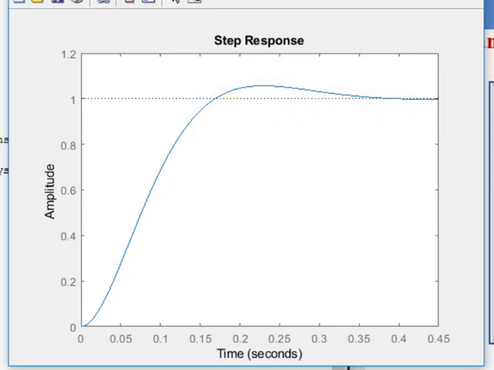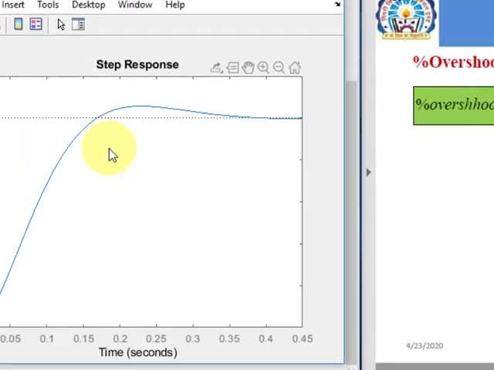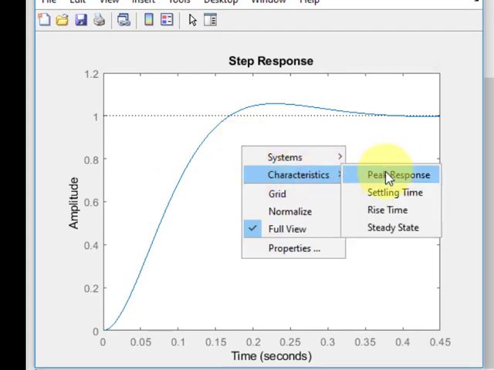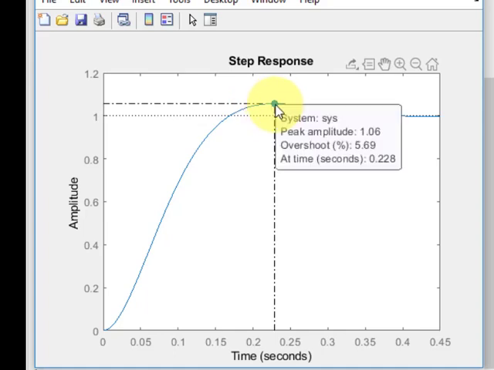Now the first thing we have to determine is the percentage of overshoot. To get it in MATLAB, I'll right click on the plot and go to Characteristics, and select Peak Response. If there is overshoot, only then will you get Peak Response as an option. Click on the blue dot, and you will get peak amplitude 1.06.